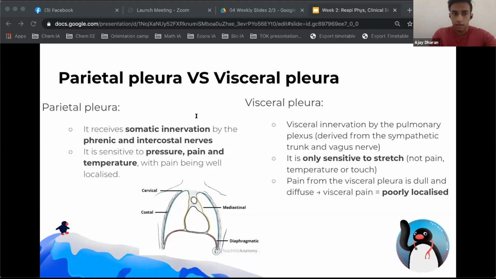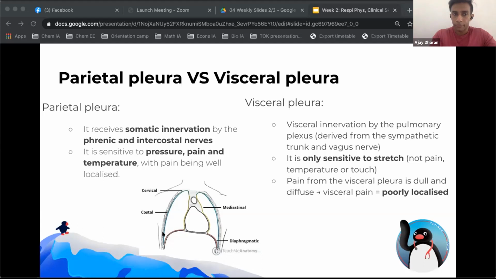You have mediastinal pleura, that's your phrenic nerve, so that refers pain to the tip of your shoulder, your jaw, and your arm. Diaphragmatic again just follows the phrenic nerve because diaphragm is phrenic, or it could be intercostal, so it could be your peripheries as well. So that's for parietal pleura.